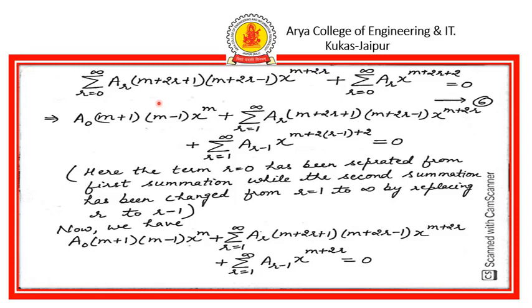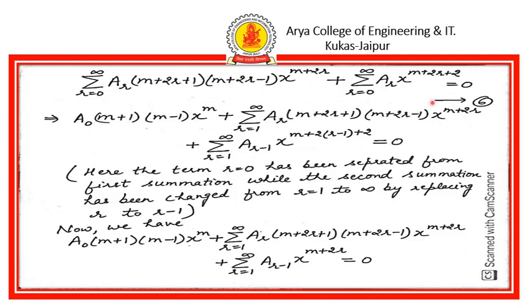So we have to replace m with m plus 2r in equation number 2. Again, summation r equals 0 to infinity a_r remains the same in y, dy by dx and d2y by dx square. So we write summation r equals 0 to infinity a_r in equation 2, in both the terms of x, the powers of x.